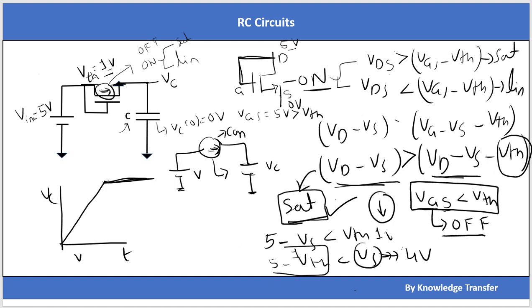That means the capacitor voltage will go to 4 volt and stay there. So when the capacitor voltage reaches 4 volt, the MOS will turn off, and VC, the capacitor voltage, will stay at 4 volts.